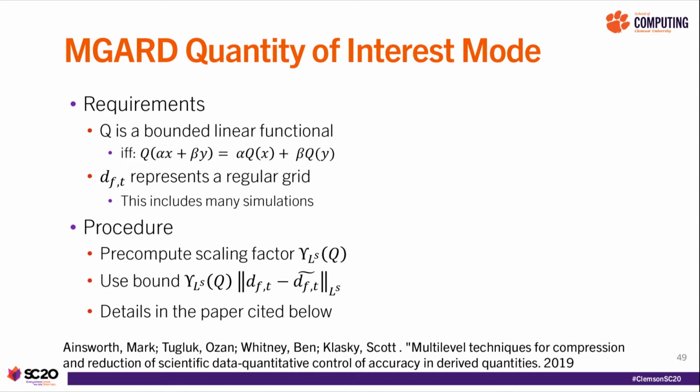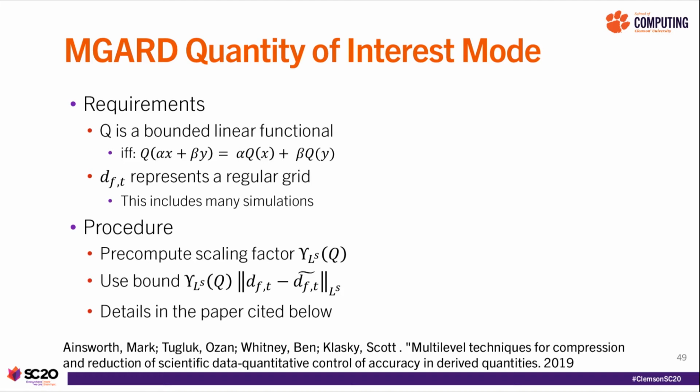Essentially, this means that for this particular object, the distributive property holds. Additionally, IMGARD for the quantity of interest mode requires that the input buffer be a regular grid. To be fair to IMGARD, this includes a wide array of simulations commonly used in high-performance computing.